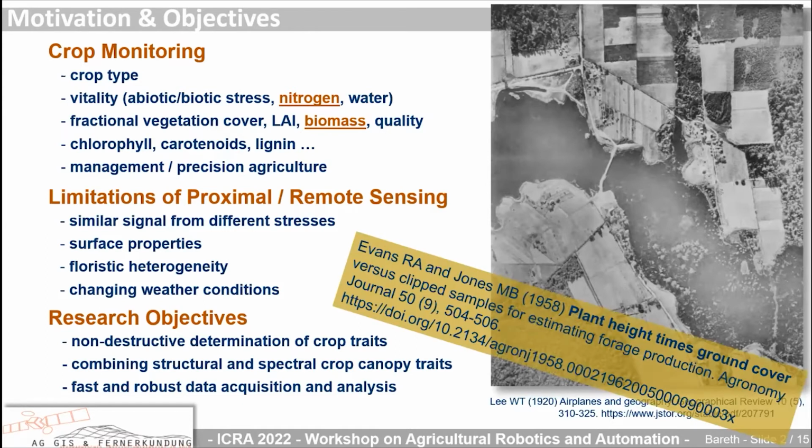And also when it comes to structural properties, especially in grassland, there is a long decadal tradition that plant height, for example, times ground cover is a very good estimator of forage production, which we actually use nowadays. This kind of approach applies to biomass, forage mass, herbage mass monitoring in grasslands.